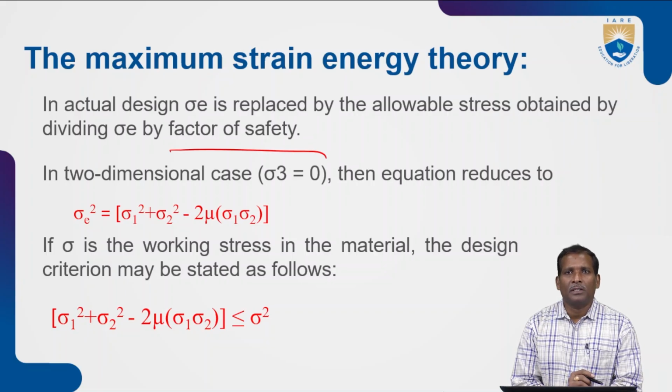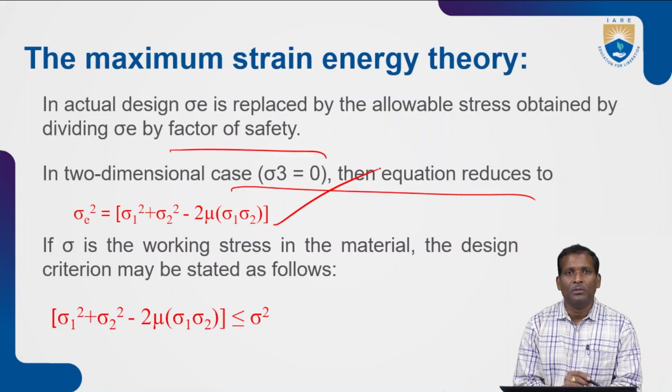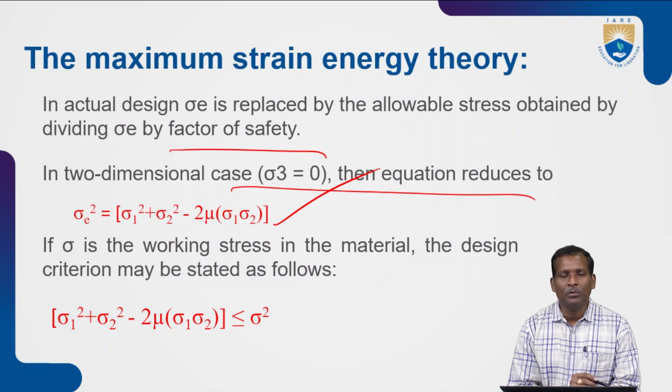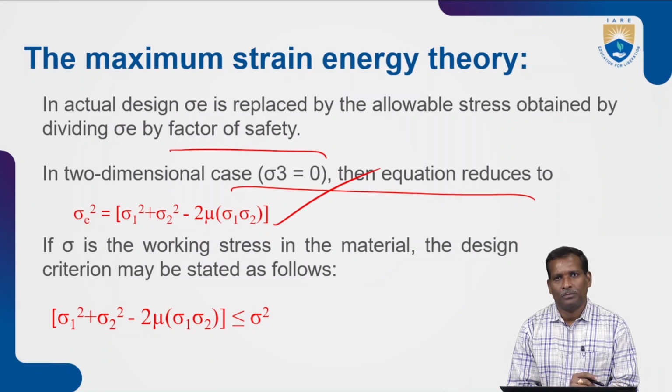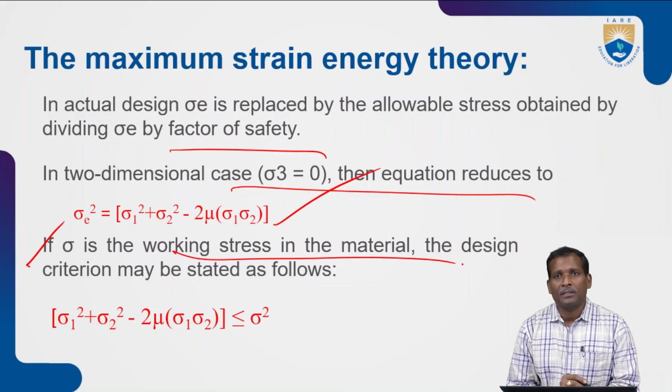So in the three-dimensional case, and in the two-dimensional case, as I already told you, sigma 3 is equal to 0. So the equation reduces to sigma e square is equal to sigma 1 square plus sigma 2 square minus 2 mu into sigma 1 sigma 2. If sigma is the working stress in the material, the design criteria may be stated as follows.